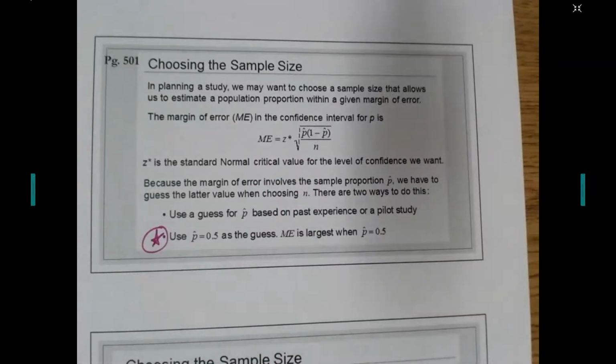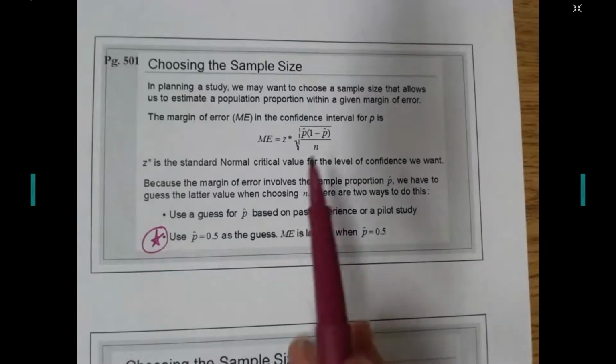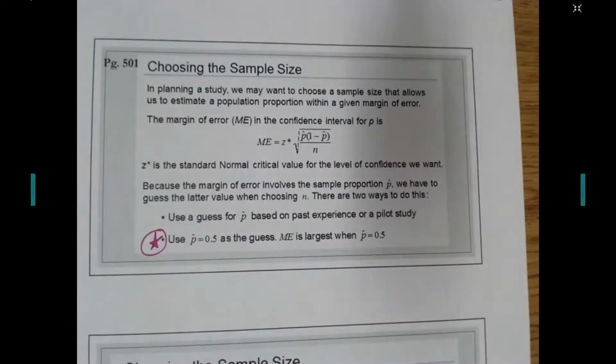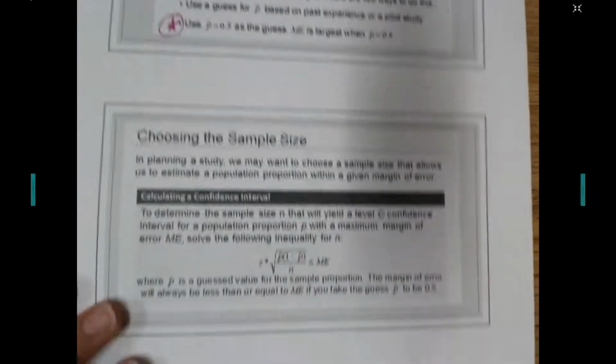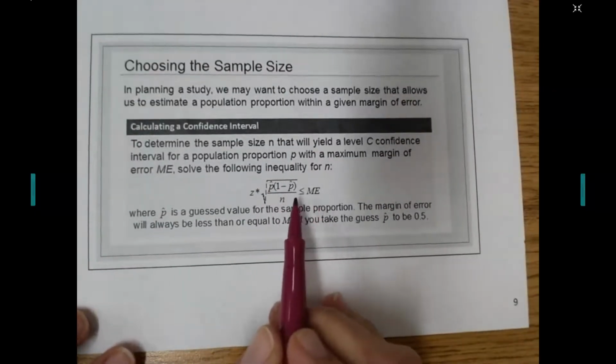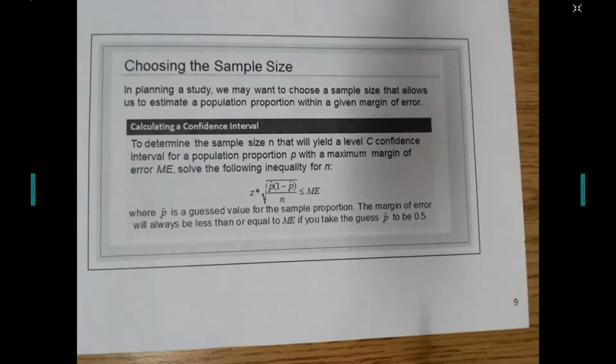So if you're given a margin of error to calculate for and you're solving for n, but you weren't given a p-hat to use, plug in 0.5 as the guess and then solve it out and use that sample size, okay? And quite honestly, that way, this value would be at that margin of error or less, which is what we want to happen, okay? All right, let's try something with this and then we'll be done with our notes for today.